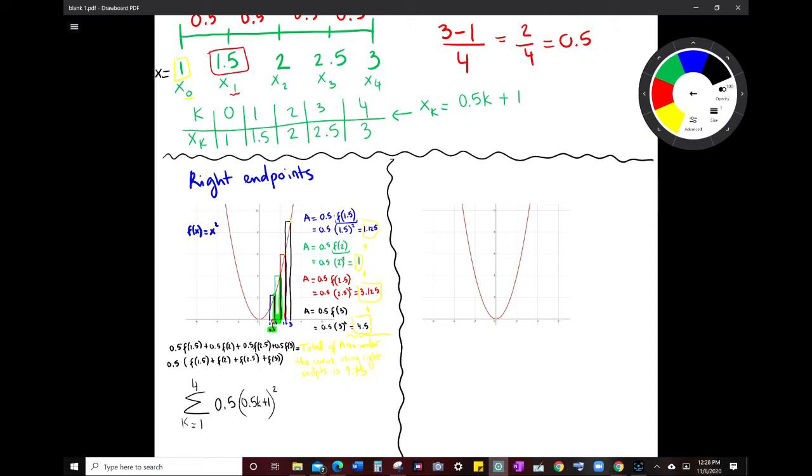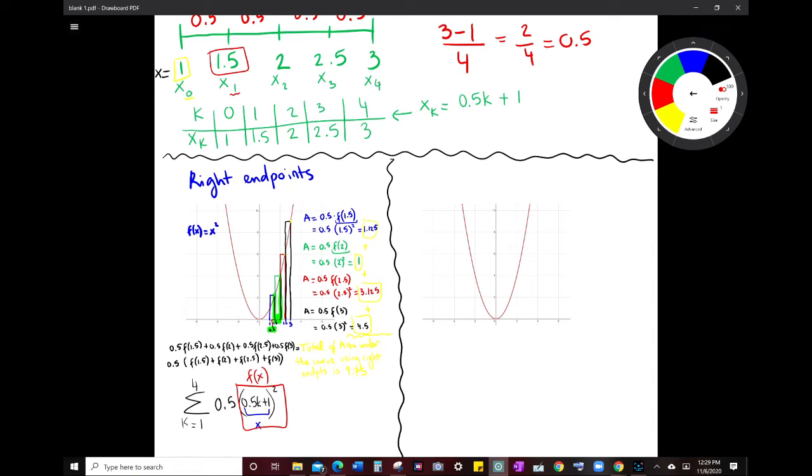Okay. Why is that? Because basically we just replace this one, the whole thing right here is the x value, and everything right here represents f of x.